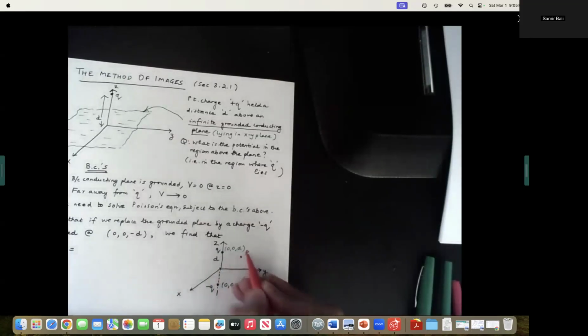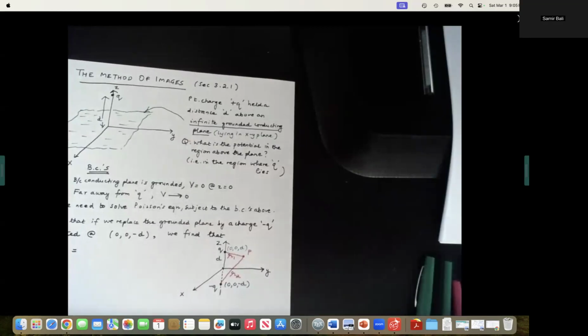So at this point P, well, we know that we have to look at the potential from Q, and this distance would be curly R, let's call it R1. And then from here, this distance is going to be curly R2.